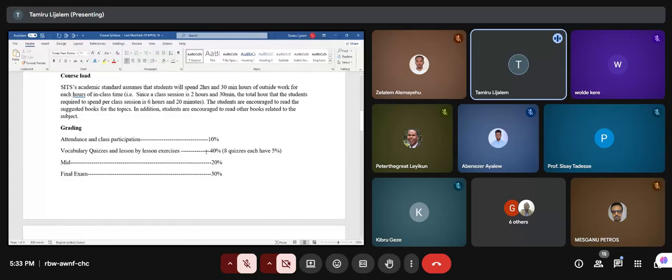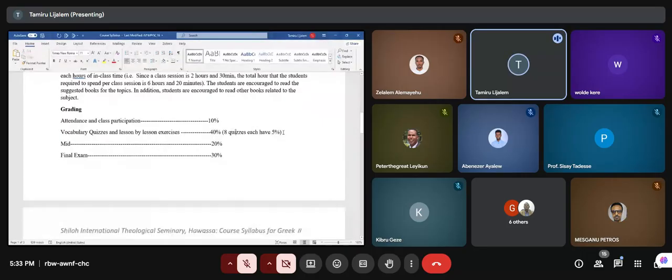If you have been following in a face-to-face class, it is better to apply this plan. I will develop that into assignments and quizzes as well. And the midterm exam is 20%, and the final exam will cover 30%.